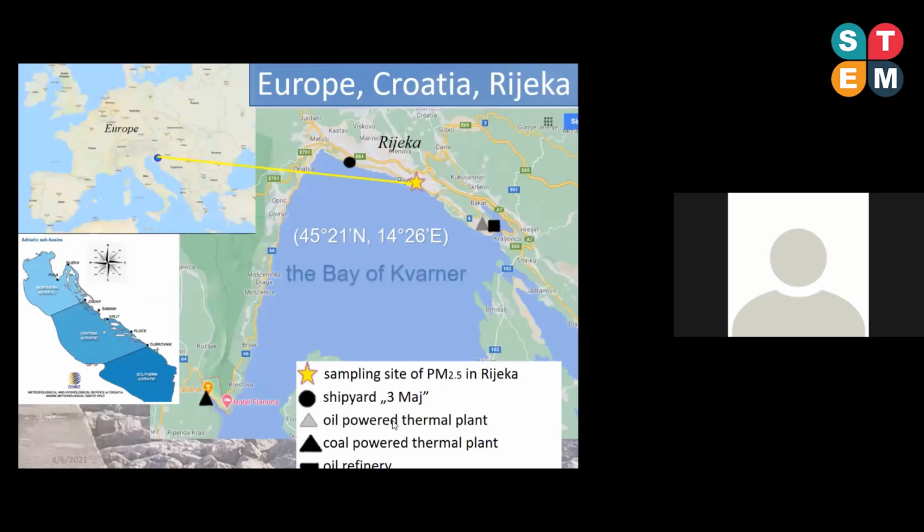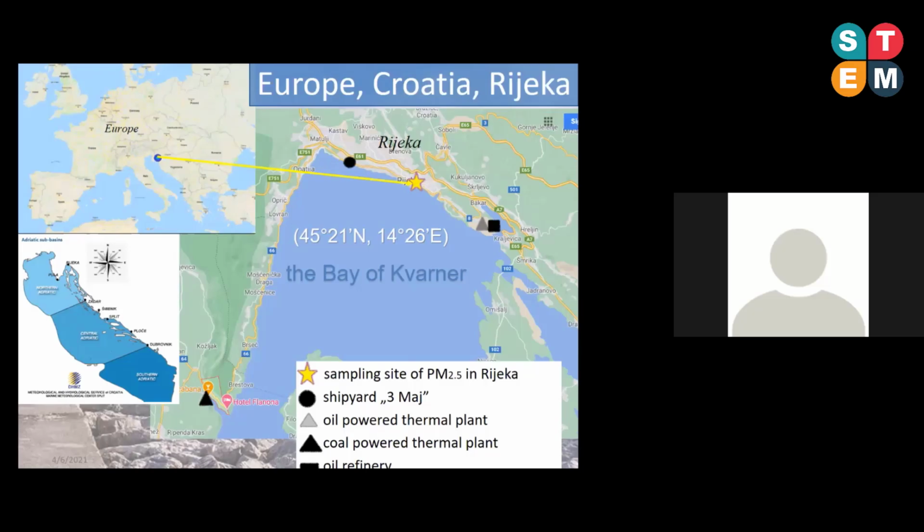Rijeka is the biggest Croatian port and the third Croatian city by size, with approximately 130,000 inhabitants. The sampling site was located in the port of Rijeka and close to the city center.